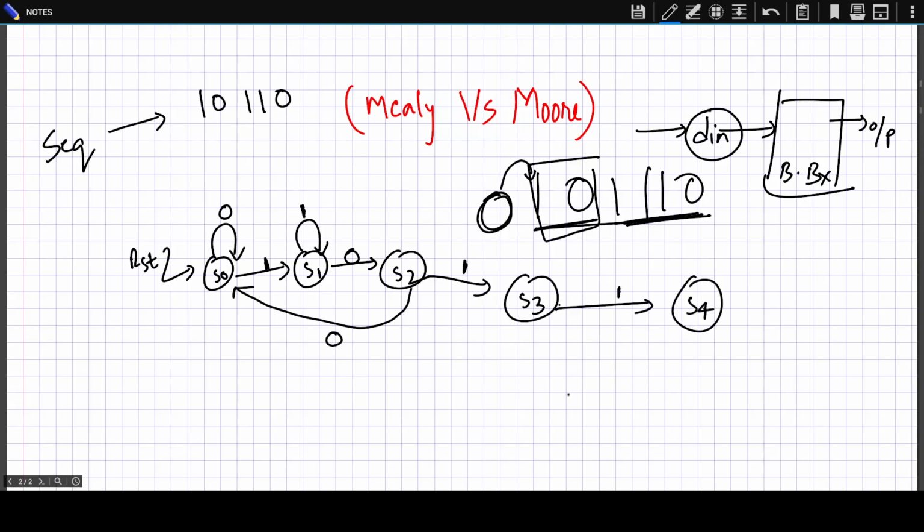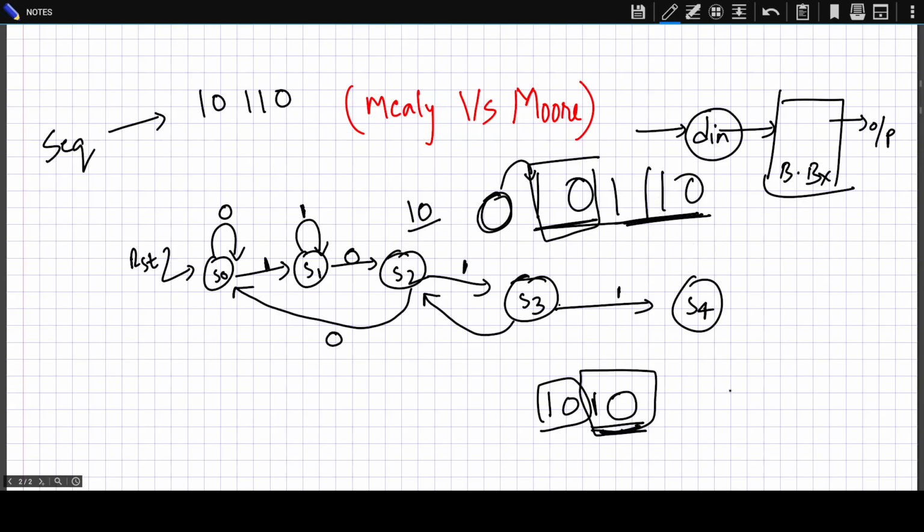If I get a 0, it would represent the same state as this. What I told you, the state s2 represents the matched pattern 1 0. So here also, if I get a 0 while in the state s3, you would go to s2, because the state s2 means the matching pattern 1 0.